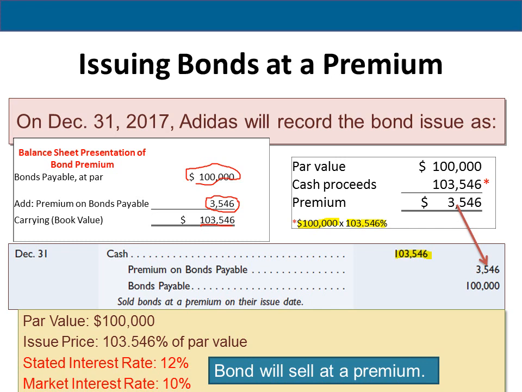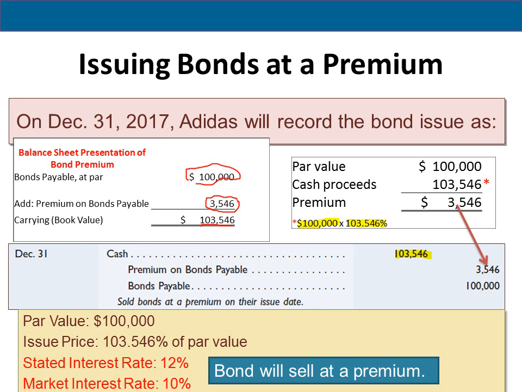Then we are going to add to it the premium on bonds payable amount, which is the 3,546. This will get us the carrying value of the bond equal to 103,546. So now what we did, we added the premium to the bonds payable to reflect its real value in the market. So we calculated the carrying amount of the bonds payable.